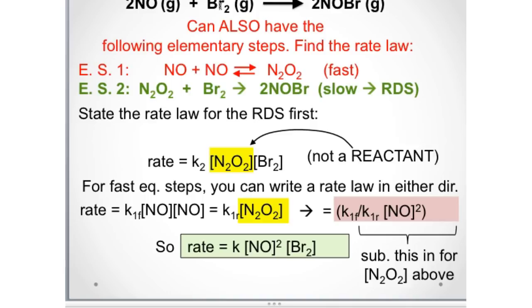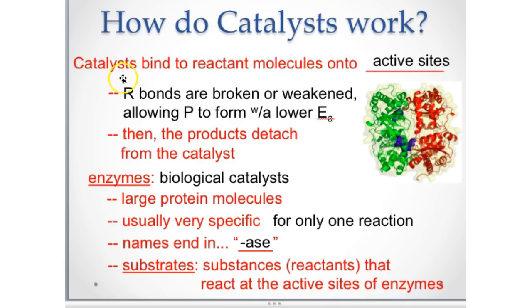It helps them break bonds, and helps them form new bonds in order for a chemical reaction to actually occur. So like it says here, catalysts bind to reactant molecules onto active sites. So they're just specific regions where the catalyst could actually bind to them. The reactants are broken or weakened, and it allows the activation energy to drop, and then that triggers a reaction. So a product can actually form.